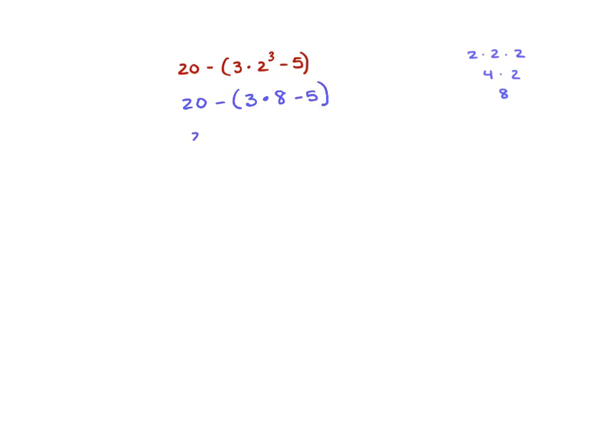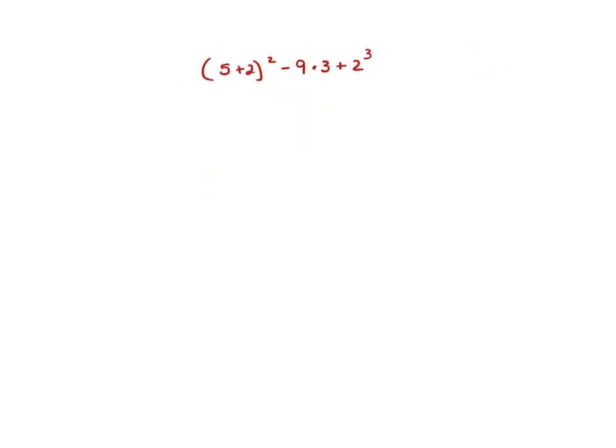I'm still working inside my parentheses, trying to clean that up. I have to do multiplication first before subtraction. Still working inside the parentheses. 24 minus 5, 19. And finally 20 minus 19, 1. Just take your time with it, and you'll be able to get it every single time.